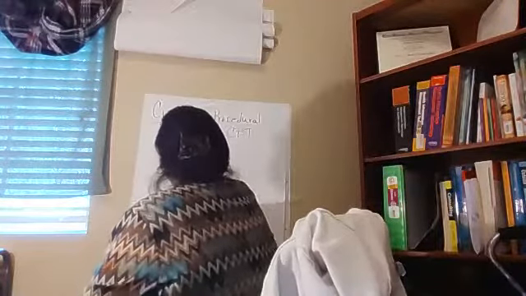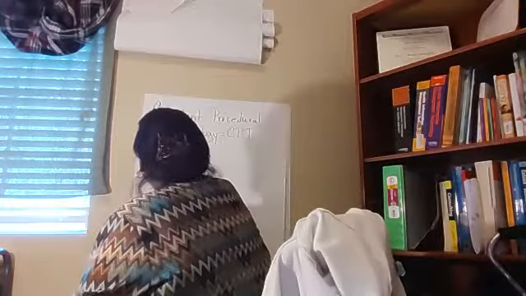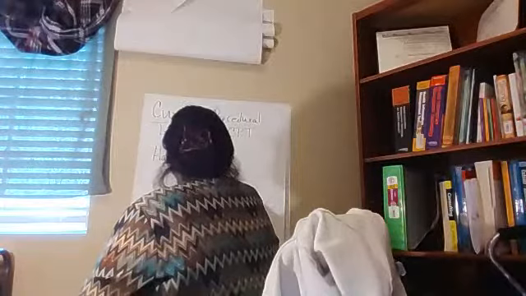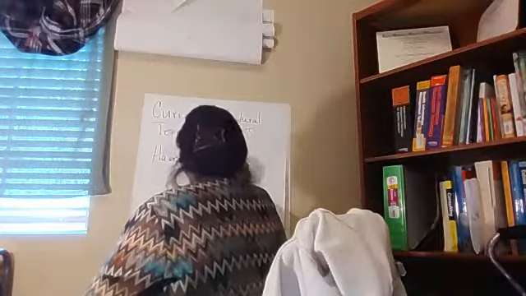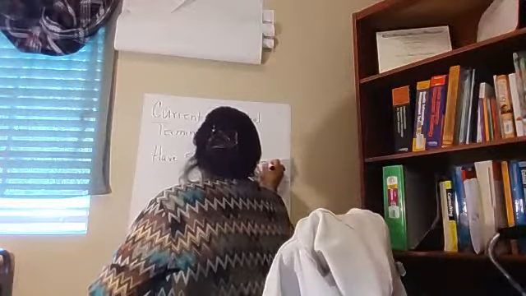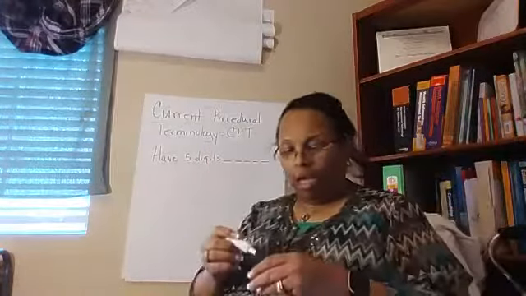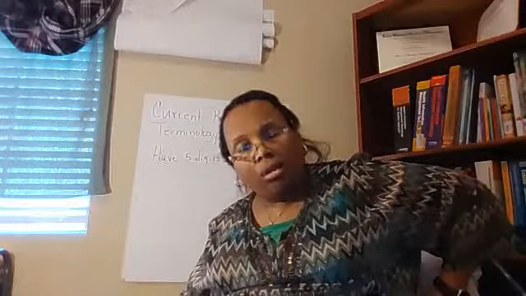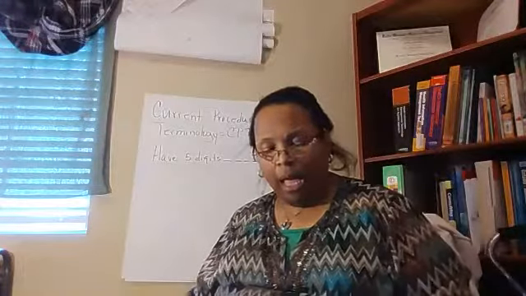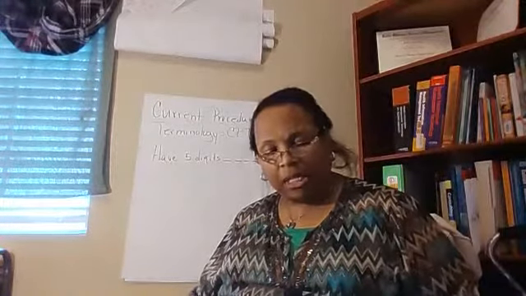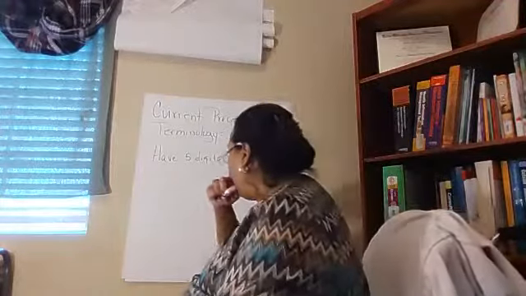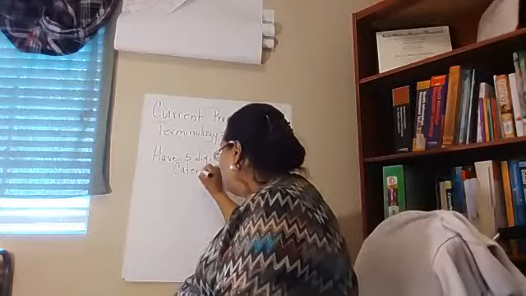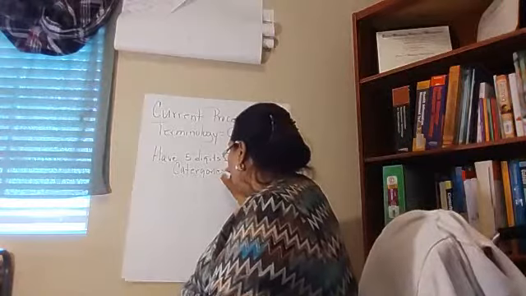CPT codes have five digits: 1, 2, 3, 4, 5. They do not have any alphabets in them. They only have numbers. And the CPT book is broken up by categories, and then subcategories.